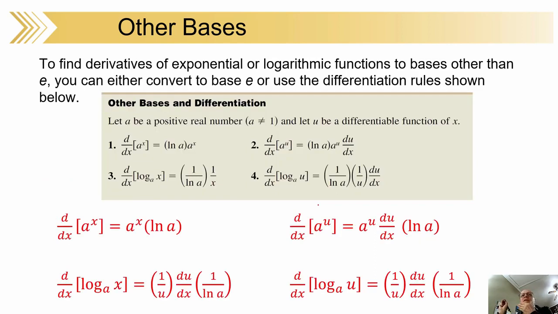Now what I've done for this one is I've just written them out nice and bold. A couple of things to remember. First of all, now I've rewritten a couple of these. They're exactly the same and even in the same order, but this is the way I remember them. First of all, for this one, I know that the derivative of e to the x is just e to the x.